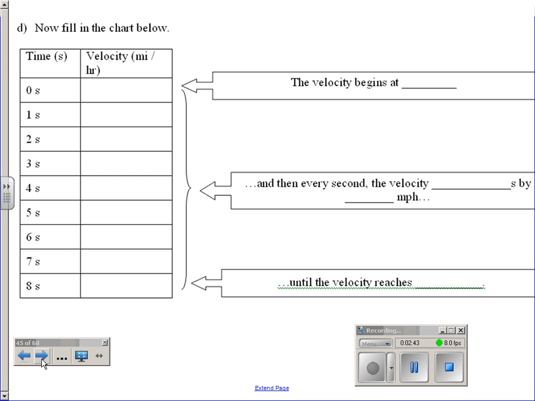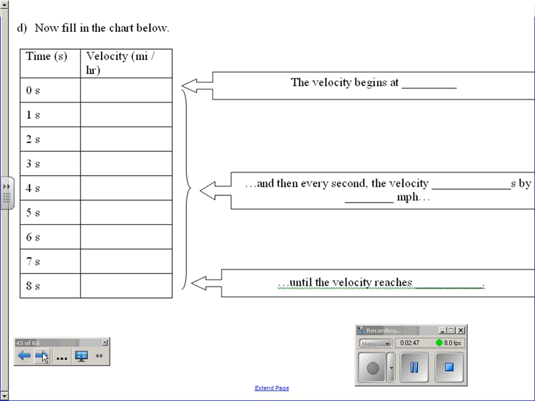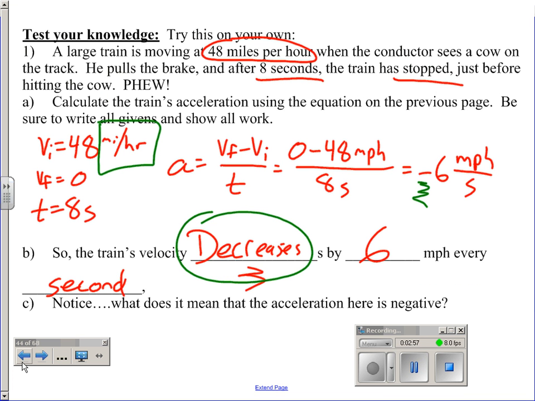In that last example, I have already forgotten, what did the velocity begin at? 48, right? So the velocity began at 48 miles per hour. And then our acceleration was negative 6.